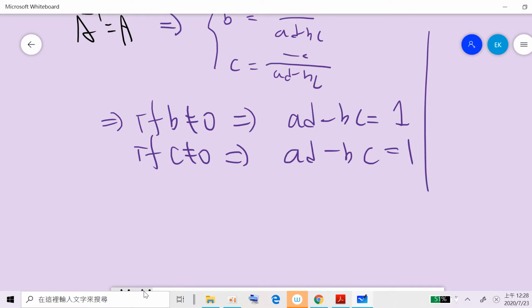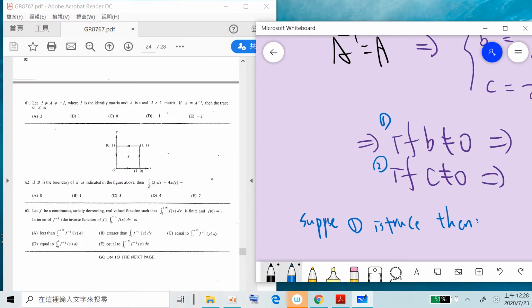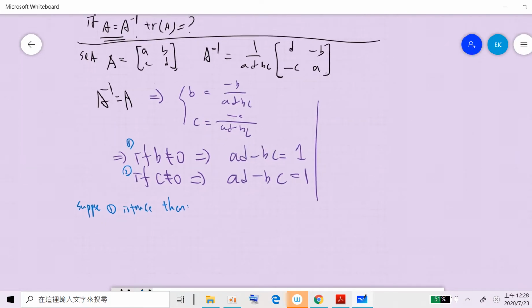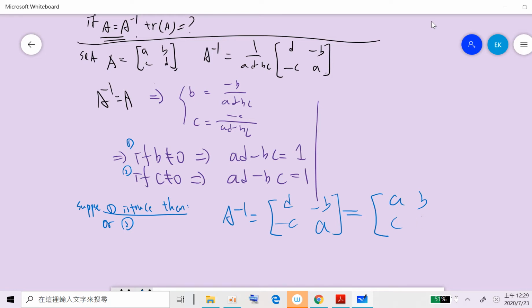So we check each condition. Suppose 1 or 2 is true, then A inverse is basically D, minus B, minus C, A, and it is the same as A B C D. Oh, sorry, AD minus BC is minus 1.